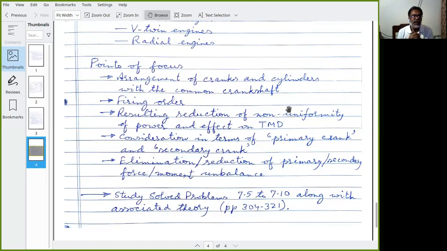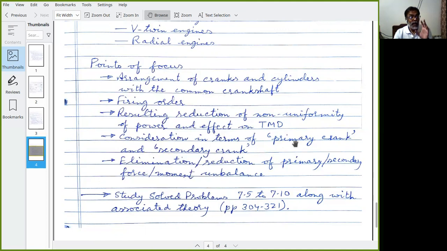So these are advantages. And so far as the way of analysis is concerned, there is some analytical artifact which is put in practice. We try to either balance or study the unbalance of the primary terms in the unbalanced forces of all the cylinders together.